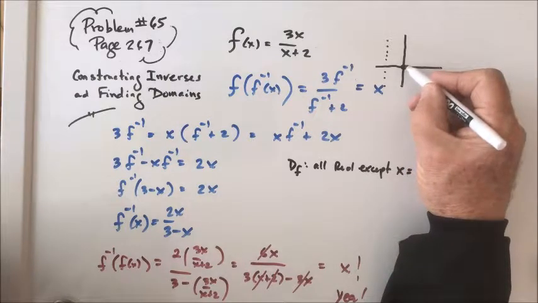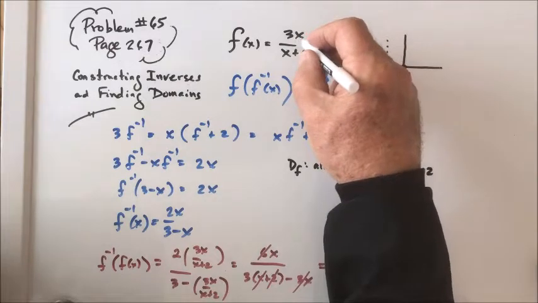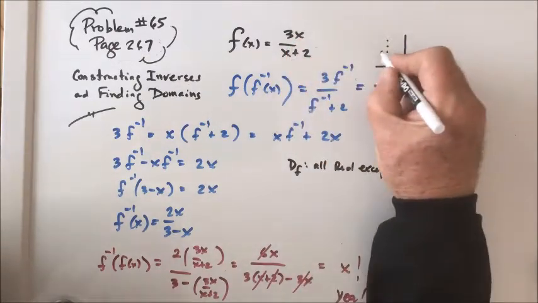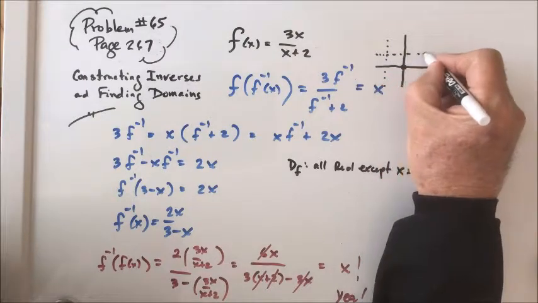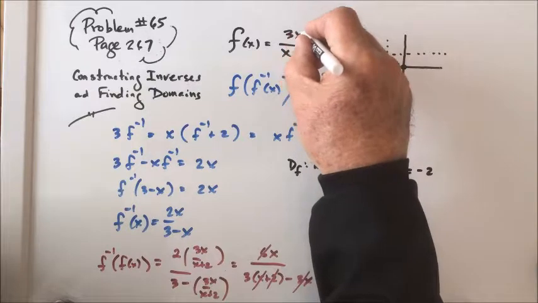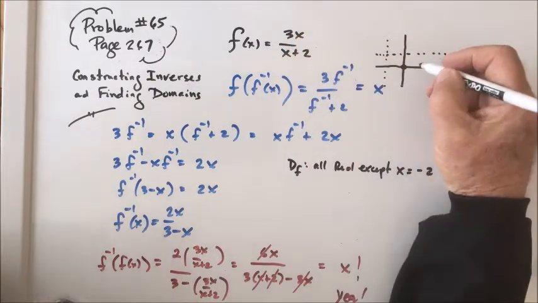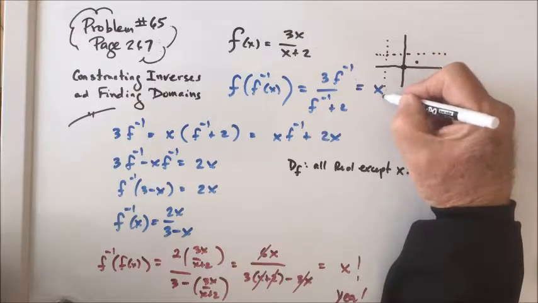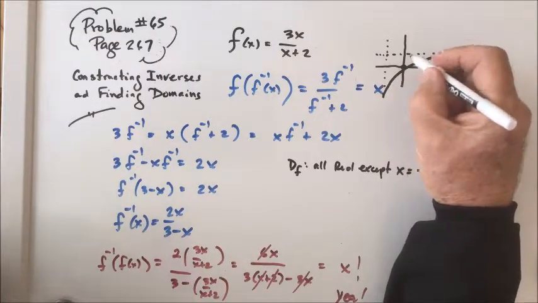It's got a 0 right here at 0. And it's got a horizontal asymptote of 3. All right? So let me plot one point for us. If I put in 1, I get out 3 divided by 3. I get out 1. So 1, 1 is the point. So it looks to me like this function is doing something like this.